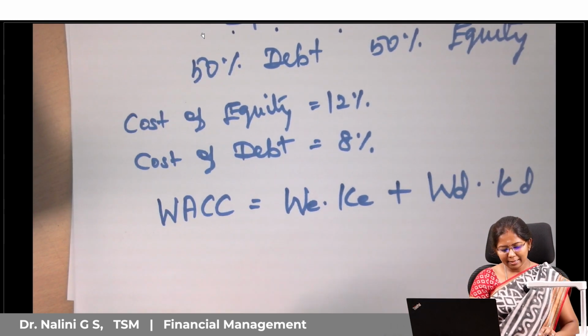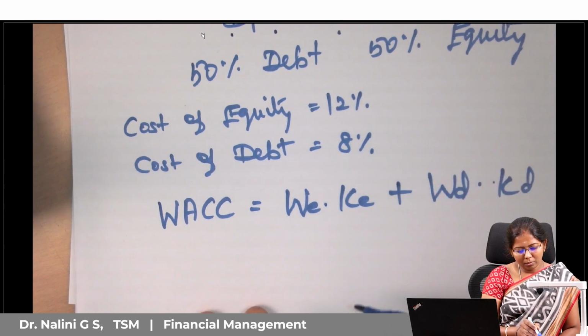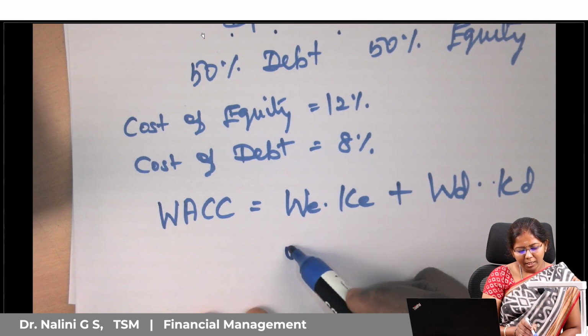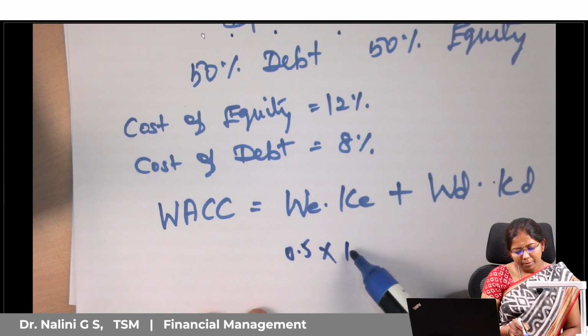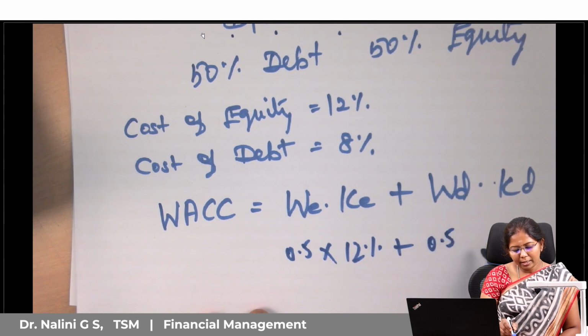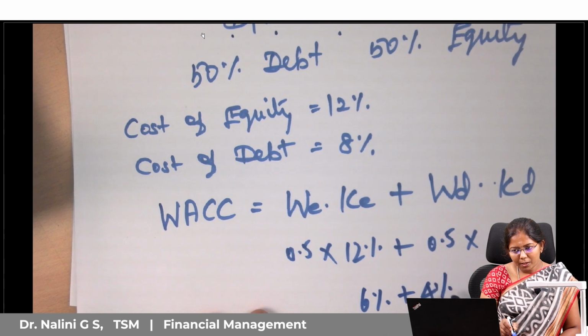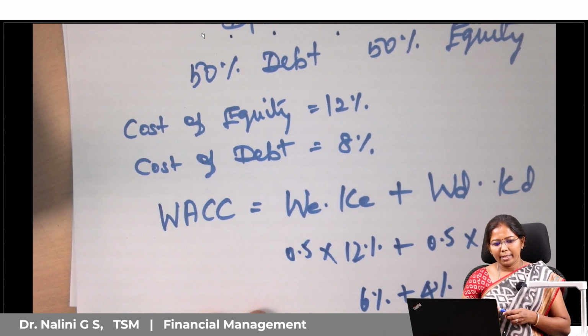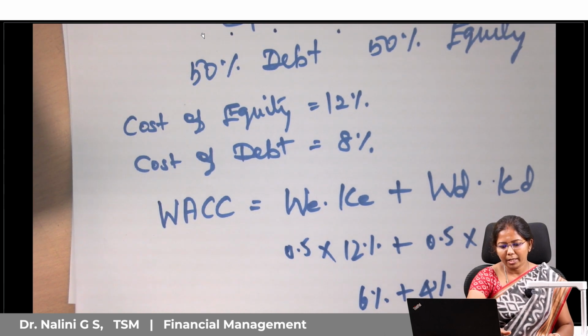So 50% into cost of equity, 12%, plus weight of debt, again 50%, into cost of debt, 8%. Now half of 12 is 6% plus 4% is 10%, the weighted average cost of capital. In a simple way, you can calculate the weighted average cost of capital.